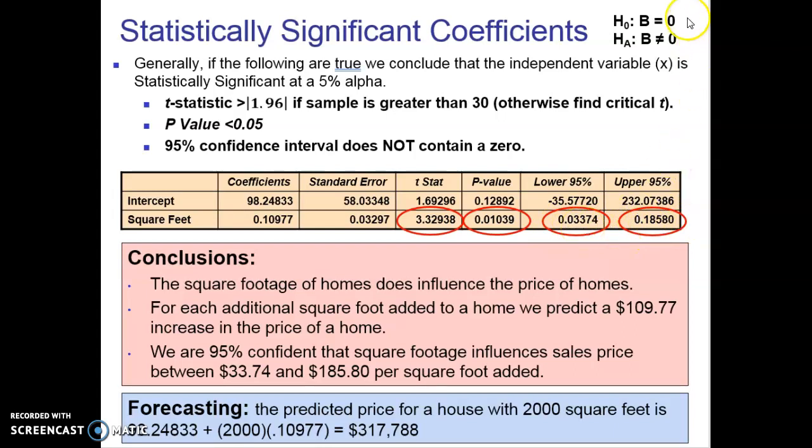And therefore, we must reject the null and accept the alternative that beta is not equal to 0. Again, this data here is not going to contradict this data or this data. It's like 3 little windows to looking at the same thing, statistical significance. 3 little windows to establishing whether you should reject or not reject your null hypothesis.